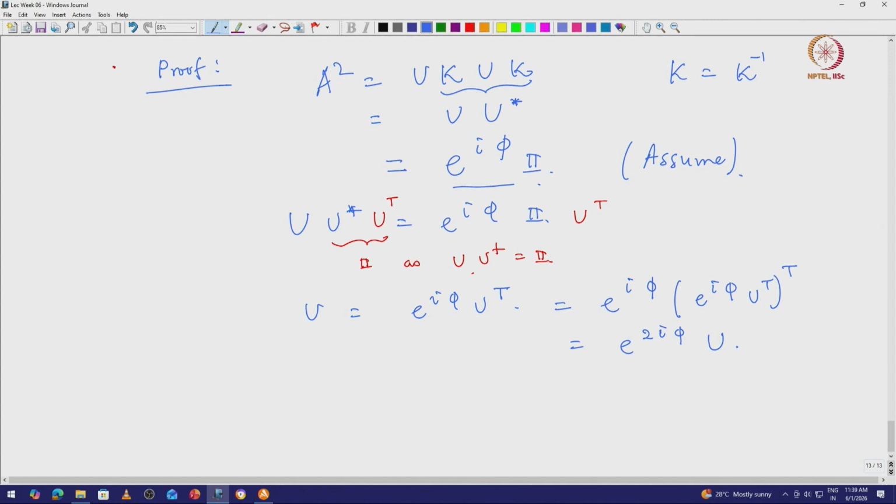So u is equal to e to the power 2 i phi times u, which means e to the power i 2 phi equal to 1, which implies e to the power i phi can be plus minus 1.